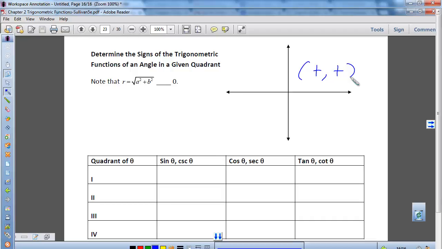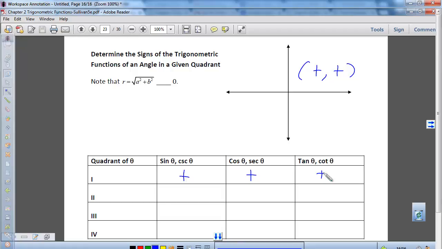And we just said that sine is going to be the second value. So in the first quadrant, sine is going to be positive, cosine is positive, and positive over positive gives us positive. So in the first quadrant, all of the function values are positive.